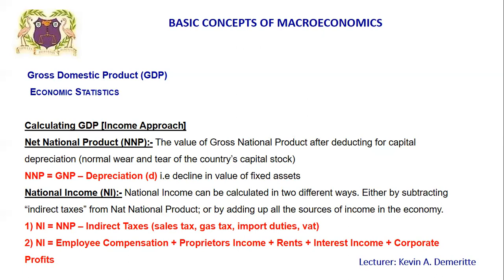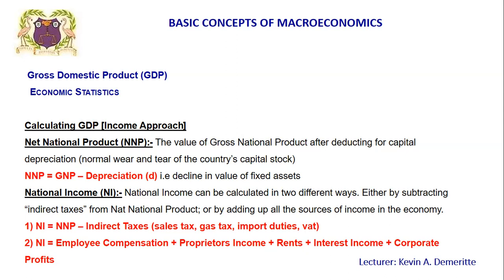Another means of calculating national income is to add up all the monies earned in an economy by different means. So for example, we would add up employee compensation, which is not just salaries, but any kind of compensation you get from your employer. You add to that what is called proprietor's income.